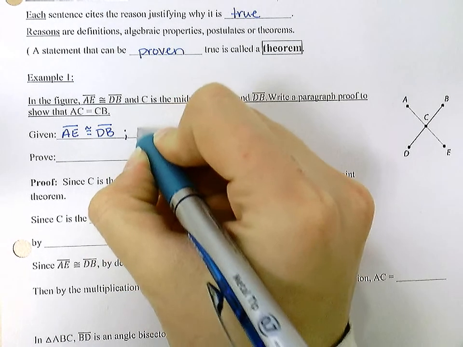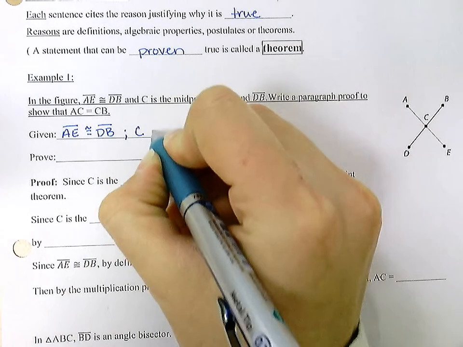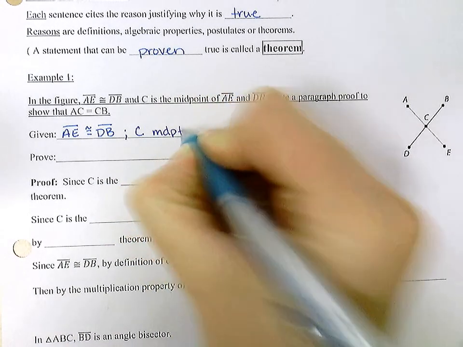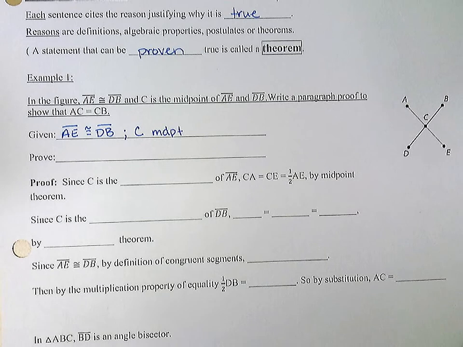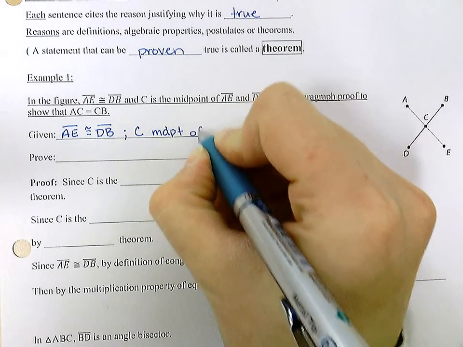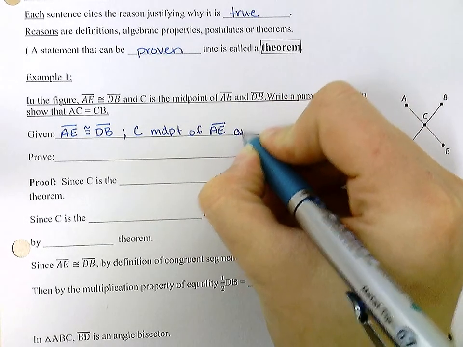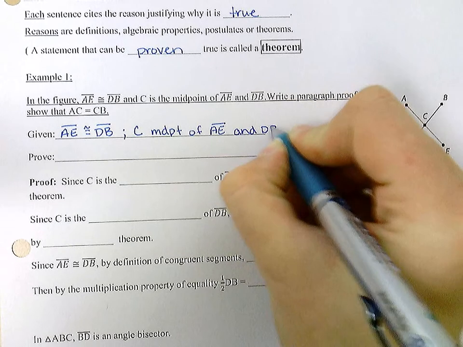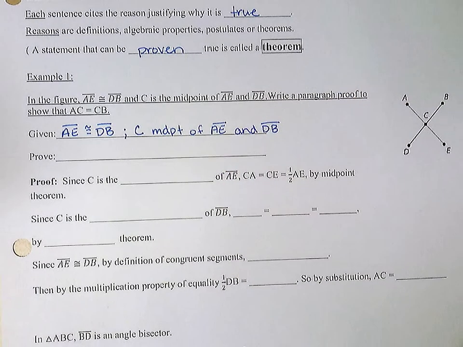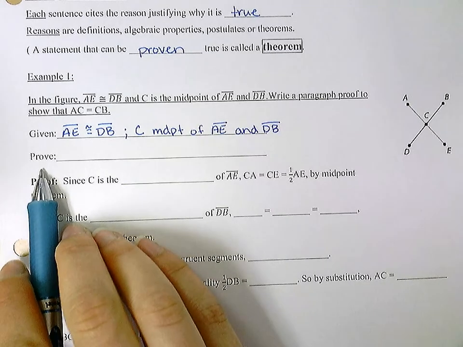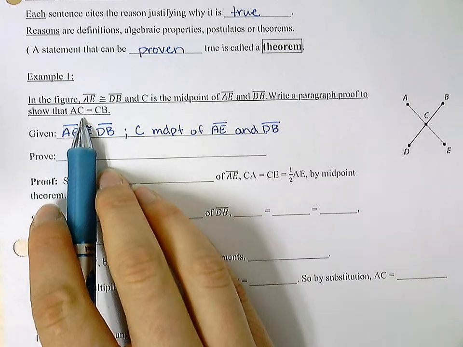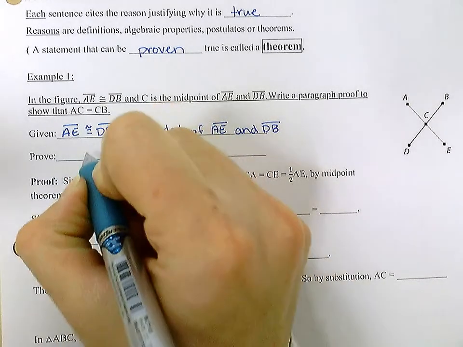We also have C is the midpoint, and I'm going to abbreviate midpoint, you don't have to, of AE and DB. And what we have to prove is that AC is equal to CB.